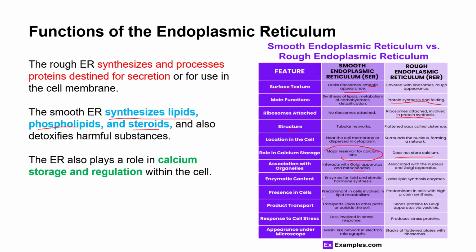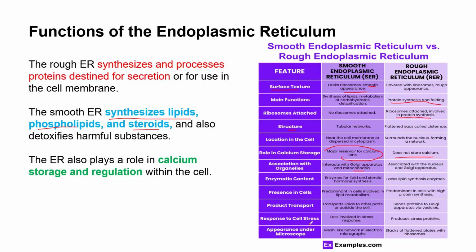Then the presence in cells: the smooth endoplasmic reticulum is predominant in cells involved in lipid metabolism, while the rough is predominant in cells with high protein synthesis. Then product transport: the smooth endoplasmic reticulum is involved in the transport of lipids to other parts or outside the cell, while the rough endoplasmic reticulum sends proteins to the Golgi apparatus via vesicles.